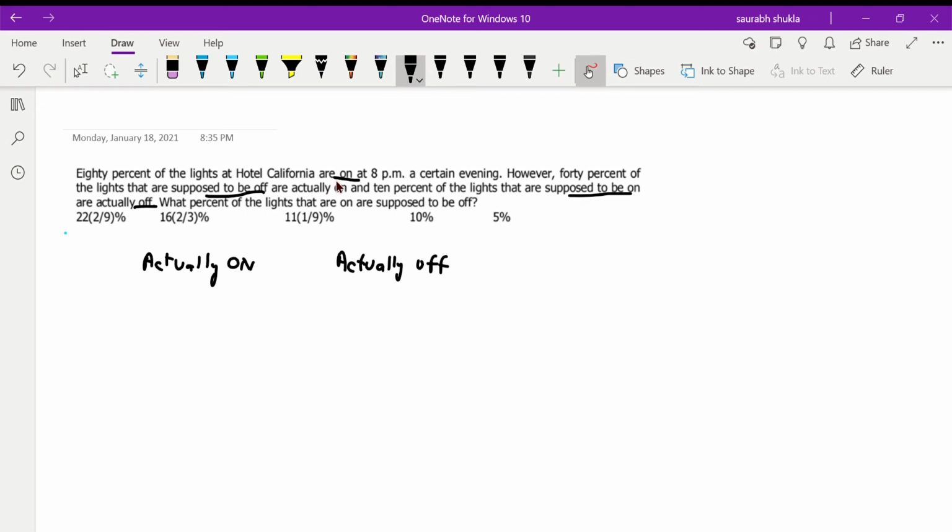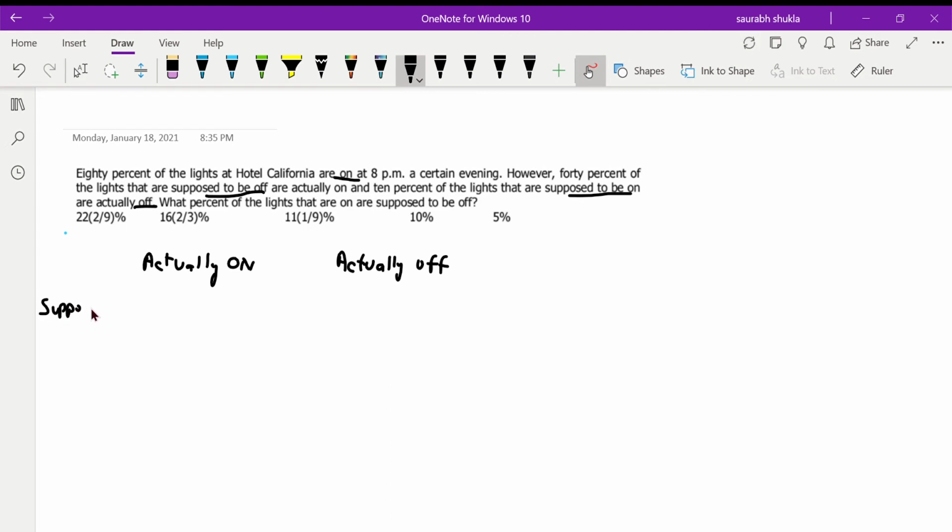Similarly, some overlap between actually off and supposed to be on, and actually off and supposed to be off. Understood what I'm trying to say? Clearly, there cannot be any overlap between actually on and actually off, because a light can either be on or off, right?